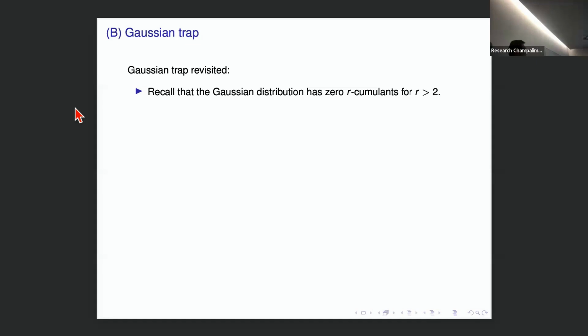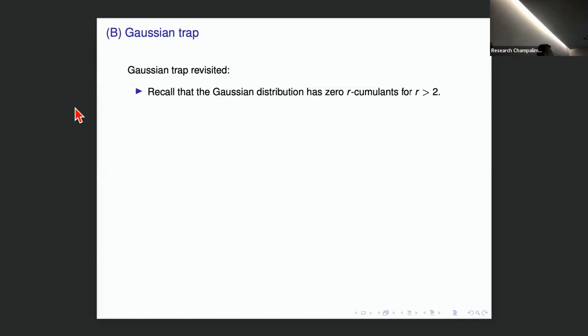of the theorem. So recall that the Gaussian distribution has 0 cumulants of order r for r greater than 2. Cumulants are numbers that are in one-to-one correspondence with moments, and as long as the moments of a distribution don't grow too quickly, they completely characterize your distribution.